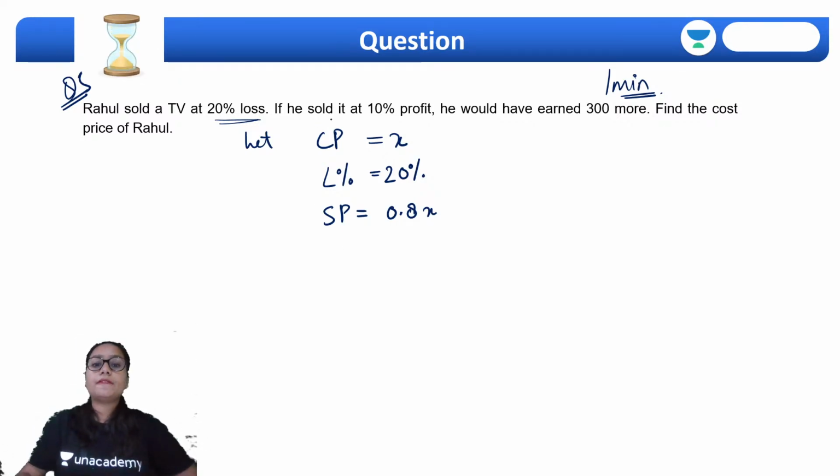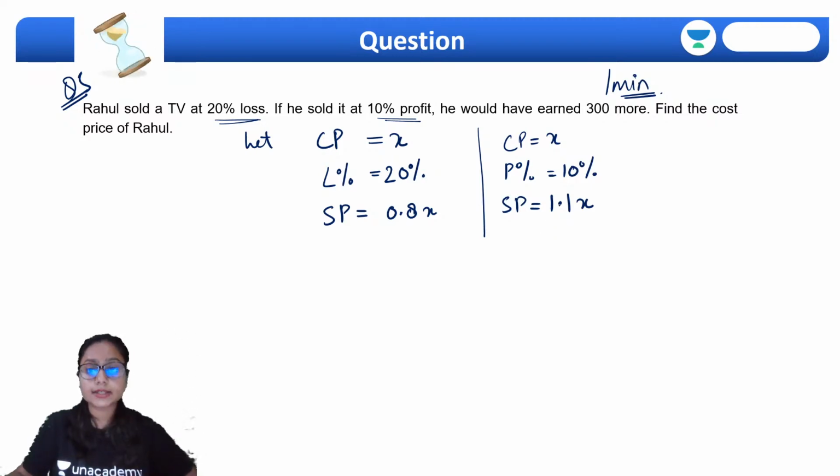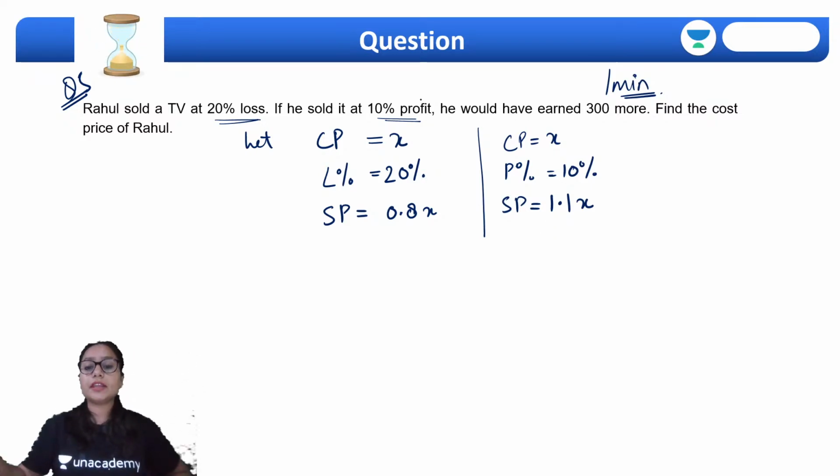Now, in the other scenario, if CP is X and the profit percent is 10%, then what will be my selling price? This will be equal to 1.1X. Now what is the question saying? If he sold it at 10% profit, he would have earned 300 more.